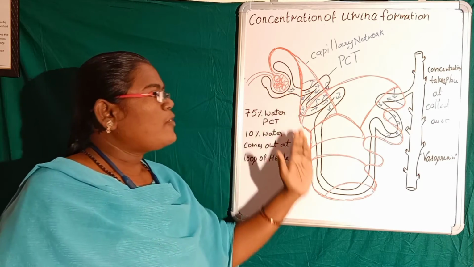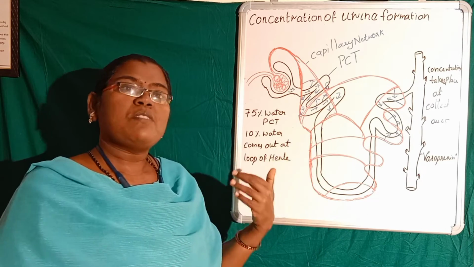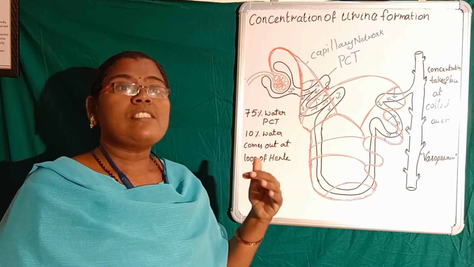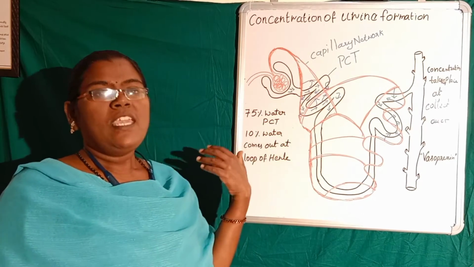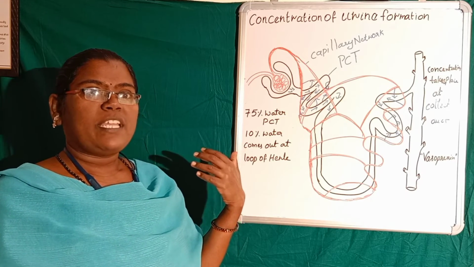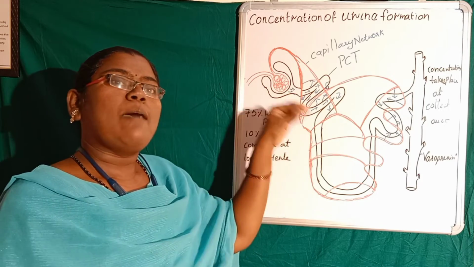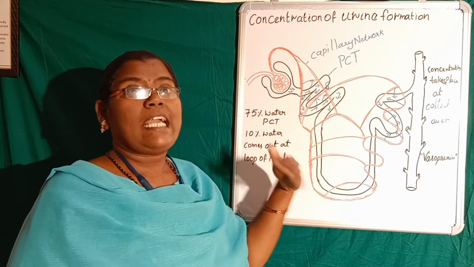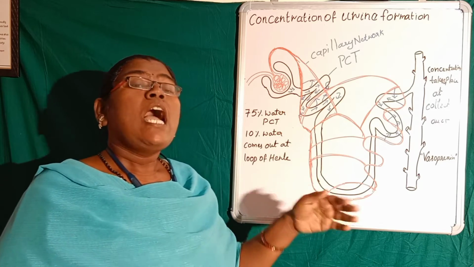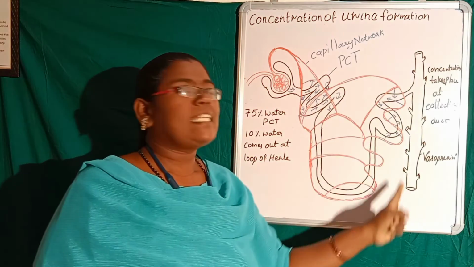At the same time, from the loop of Henle, 10% of water comes out by the process of osmosis. Similarly, in the secretion process, by adding some more components to the primary urine, it gets concentrated. Further concentration is done at the collecting duct.